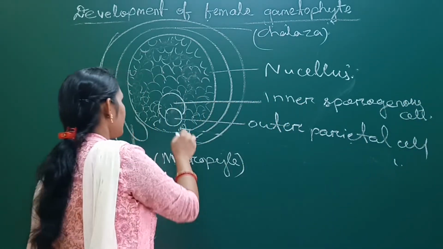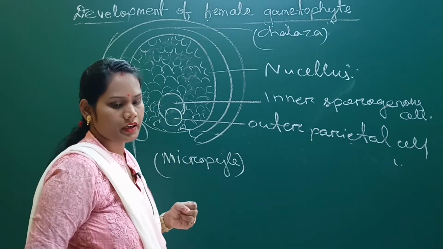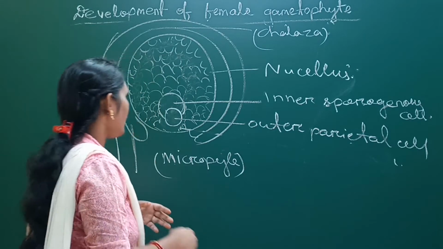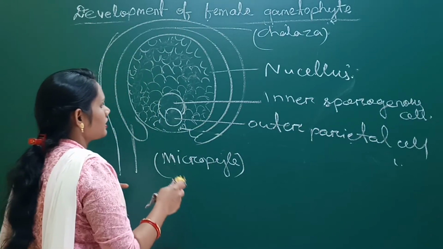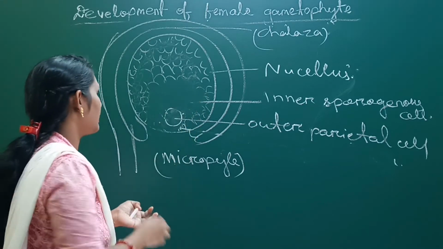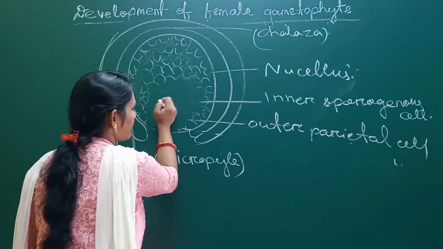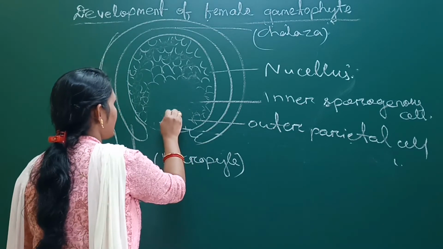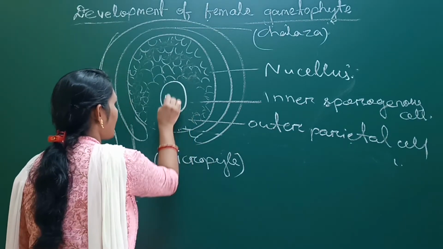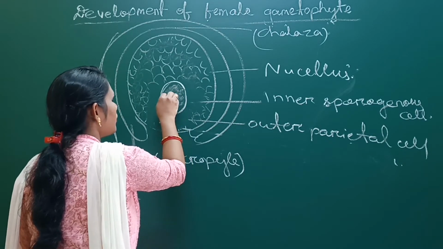This sporogenous cell differentiates and converts into sporogenous tissue. The outer parietal cell gradually degenerates, and the inner sporogenous cell becomes prominent, having dense cytoplasm and a large nucleus.